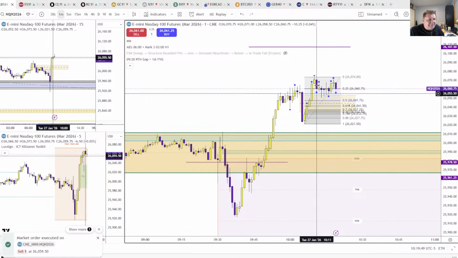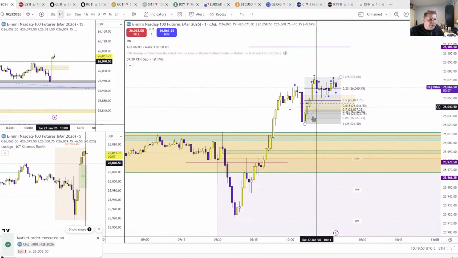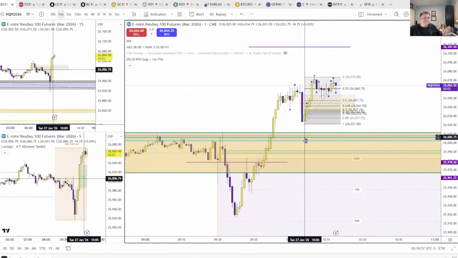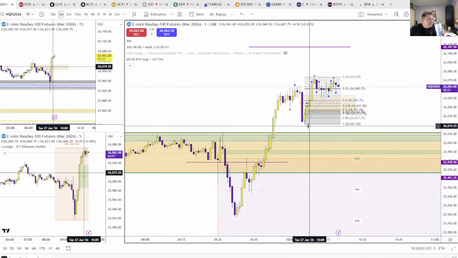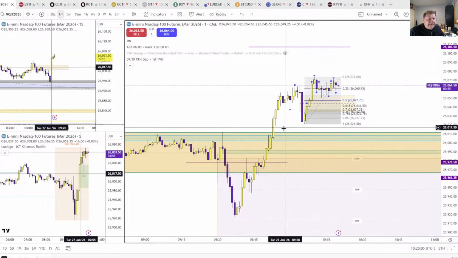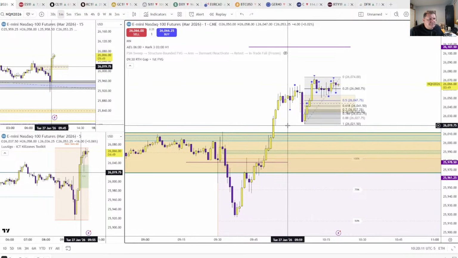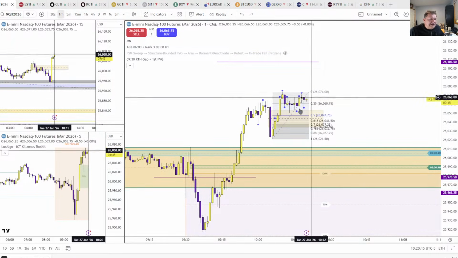I'm going to wait for the bull trap to go now, or wait for this lower level stuff. Wait for something clean to set up in here.